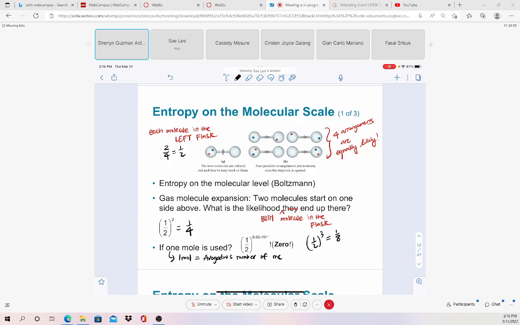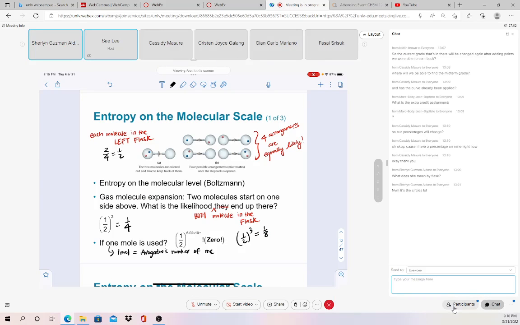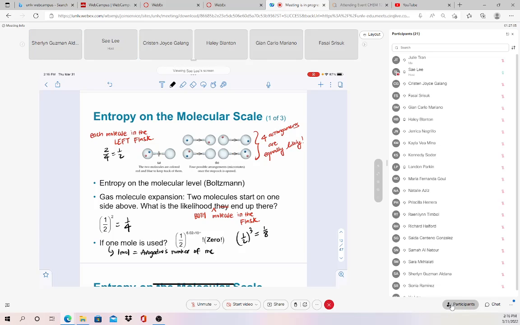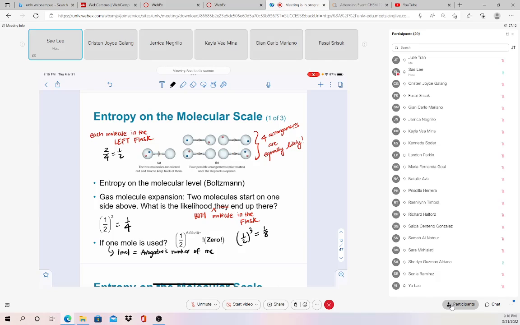But why would you do 1/2 to the power of 2? I know it equals 1/4, but why would you put it to the power of 2? Does it symbolize something? Oh, because it's two molecules in the flask. Okay, that makes sense.